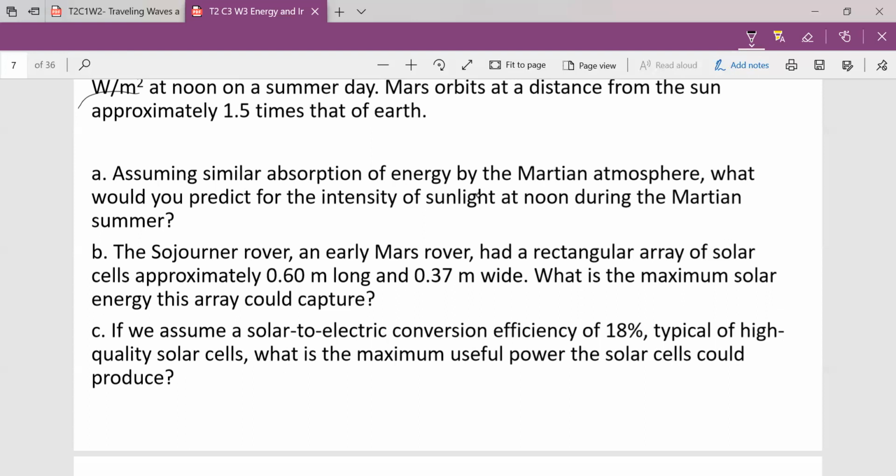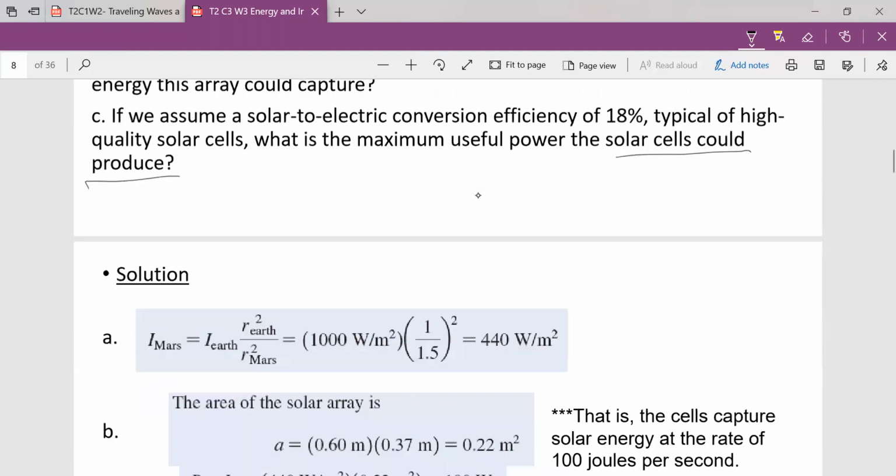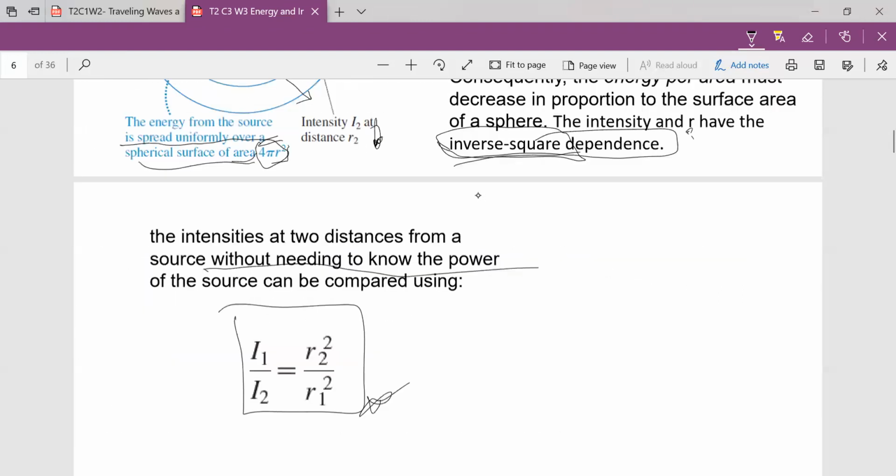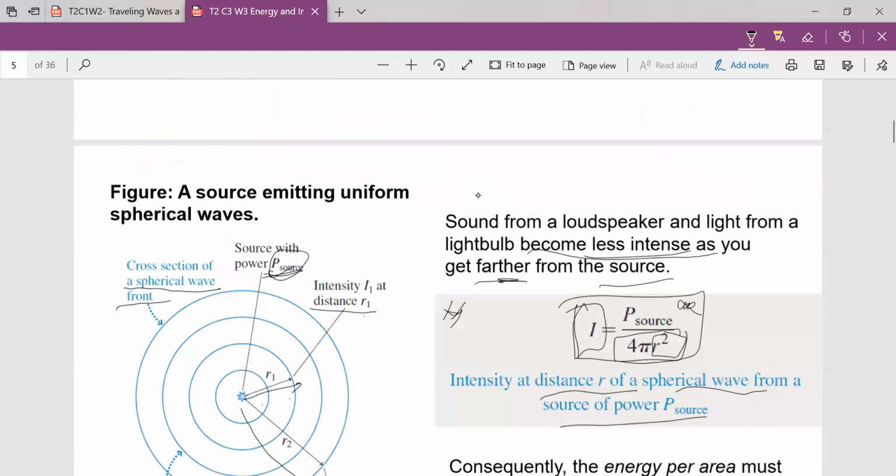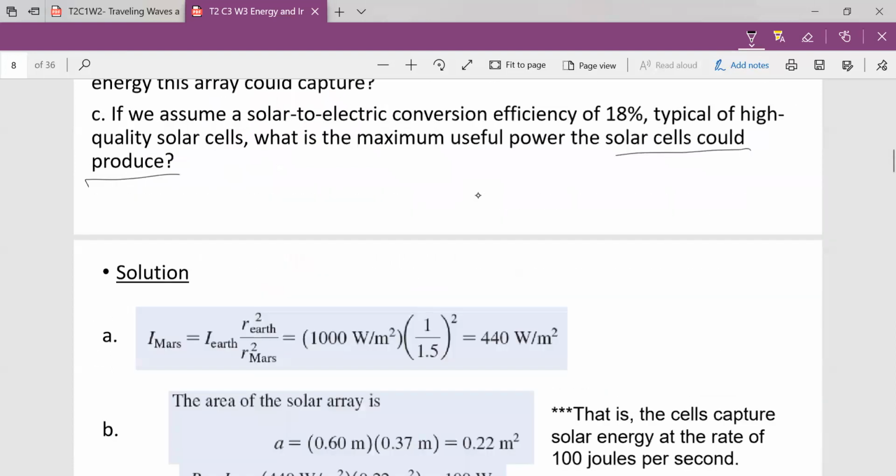C, if we assume a solar to electric conversion efficiency of 18%, typical of a high quality solar cell, what is the maximum useful power the solar cell could produce? So let's see how we use the information we have about intensity and power to solve this problem.